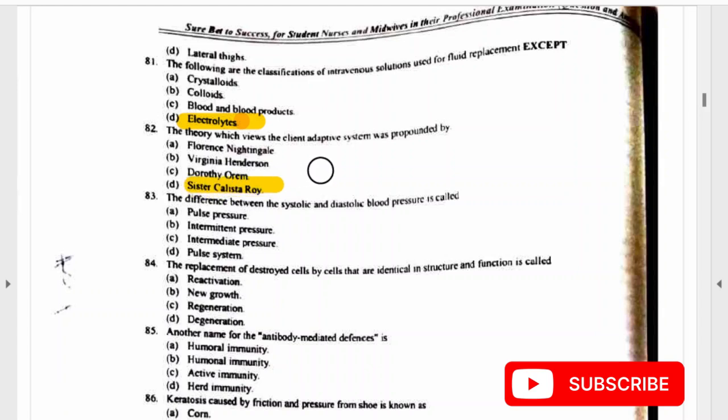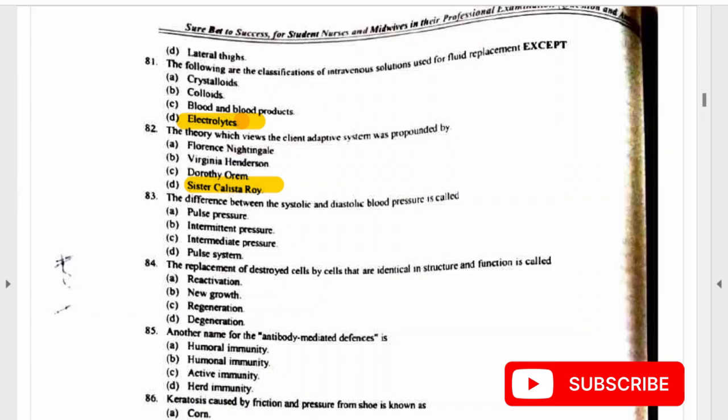Alright, if you are trying to guess, of course, you can rule out Florence Nightingale and even Virginia Anderson and then stick to C and D. But if you've read your nursing theory very well, it is D. So Sister Callista Roy is a nurse theorist who developed the adaptation model. She views the person as an adaptive system. Actually, questions on nursing theories don't usually come out much, but you should just know them.